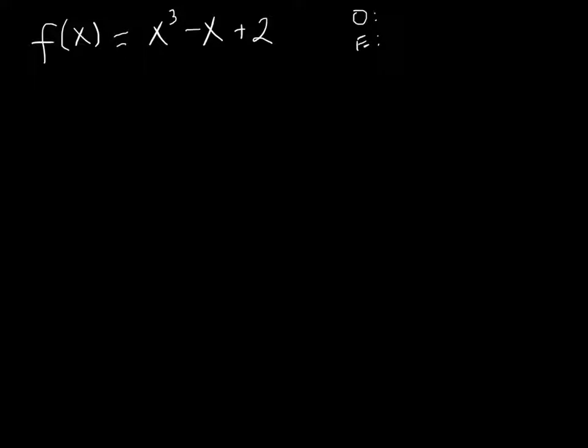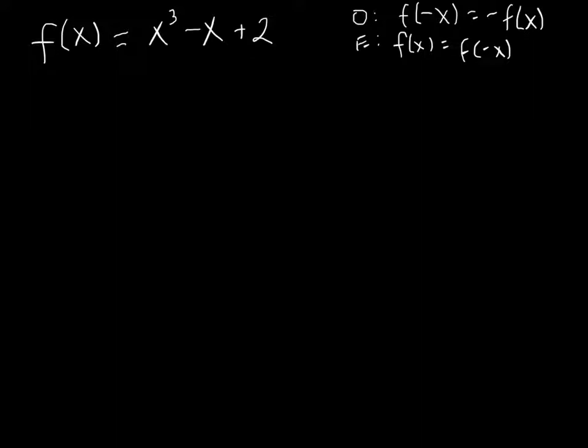So remember, if it's an even function, f of x is equal to f of negative x. It doesn't matter, if I have opposite inputs, the outputs are equal. But if it's odd, that means when I plug in the opposite value, I'm going to get the opposite outcome.